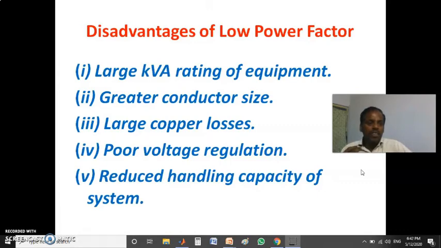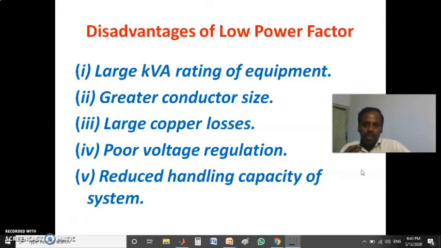Active power kilowatts, reactive power kVAR, kVA is the apparent power. So we can write the relationship between kVA and kilowatts: kilowatts is equal to kVA into cos phi. So kVA is equal to kilowatts divided by cos phi. So if power factor is low, then kVA will be larger, because kVA rating is inversely proportional to cos phi.